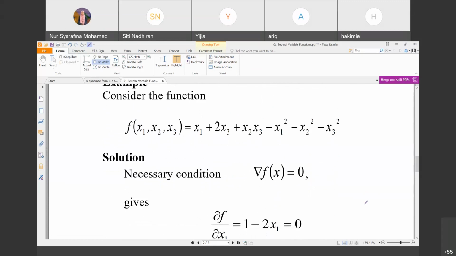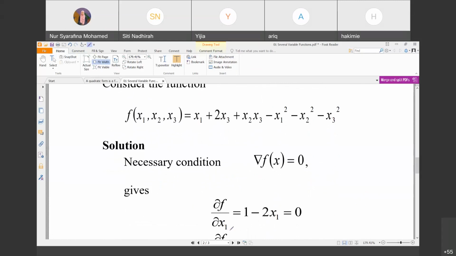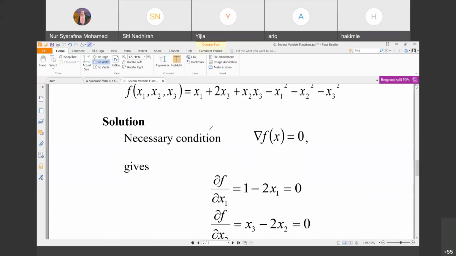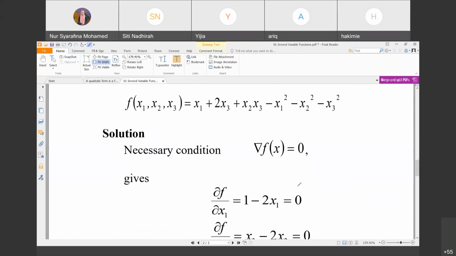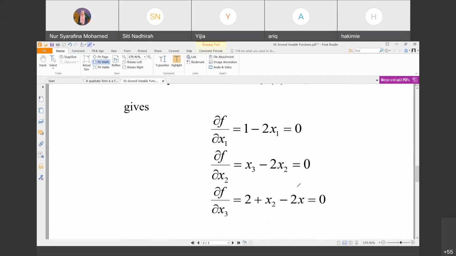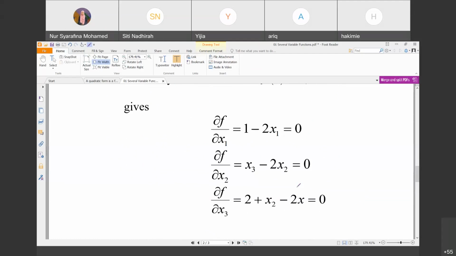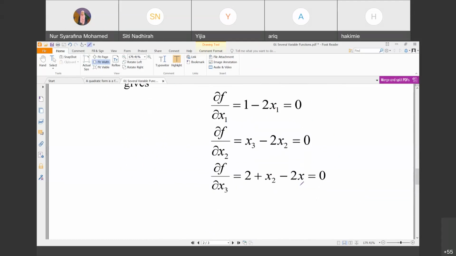We need to differentiate one by one depending on the variable: del f del x1, del f del x2, del f del x3, and then equate them all to 0. Then we can find the critical point x0. You just need to solve this simultaneously.